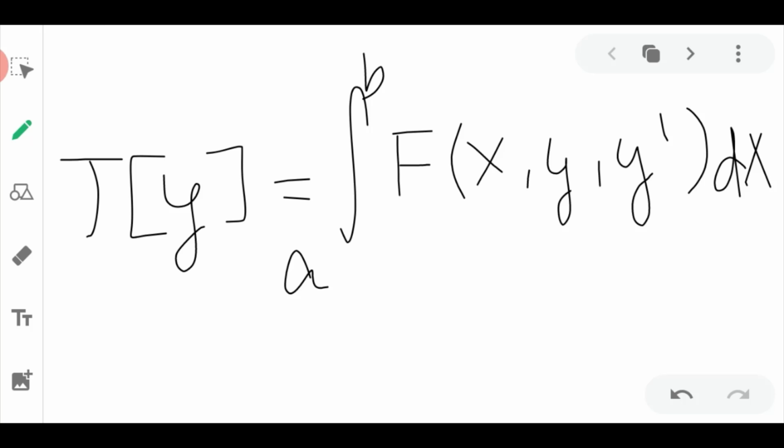We used the property that the variation should vanish, and then we got the Euler Lagrange equation.